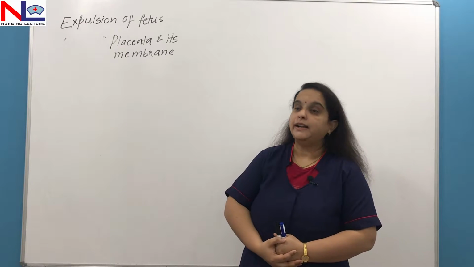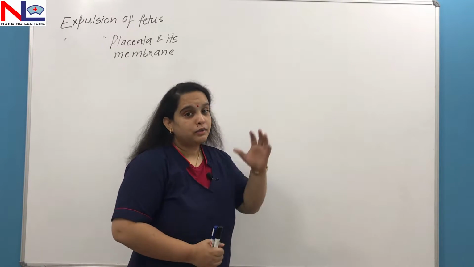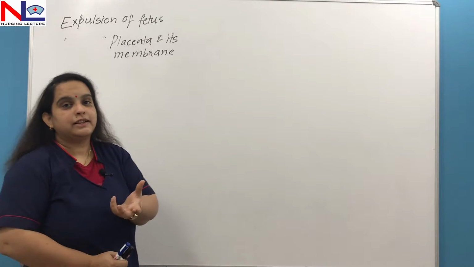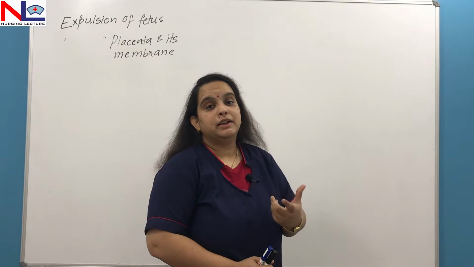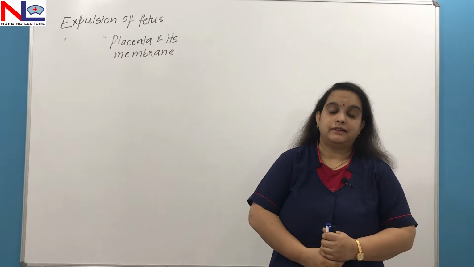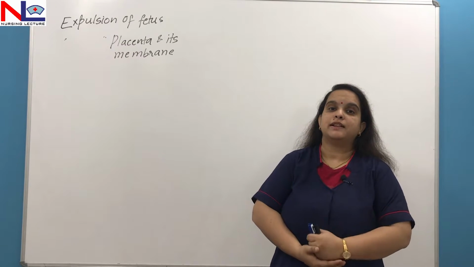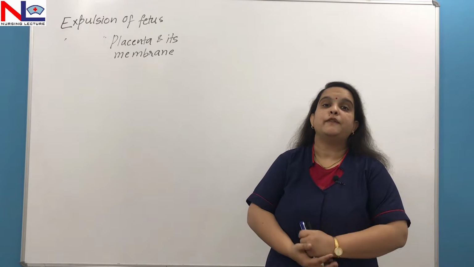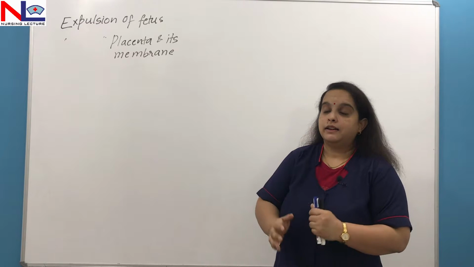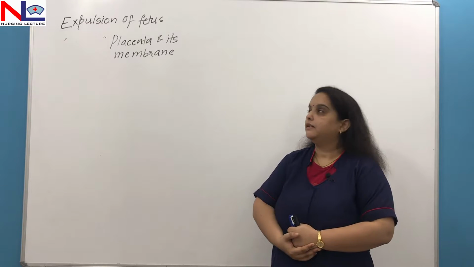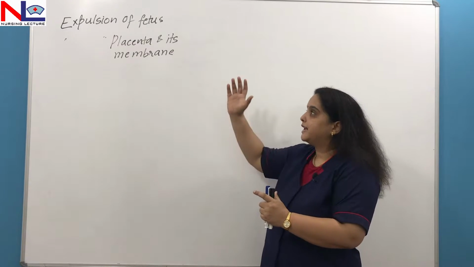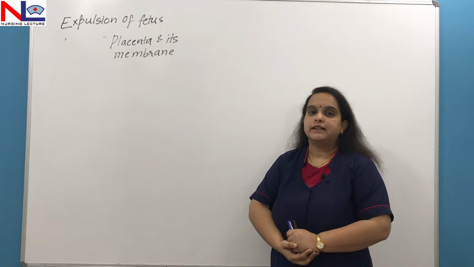So we have seen that this third stage takes only 15 to 20 minutes in a primigravida, a woman who is pregnant for the first time, as well as in a multipara woman. And if we are doing active intervention, it takes only 5 to 10 minutes to complete, right? This stage mainly belongs to the expulsion of the placenta and its membrane.